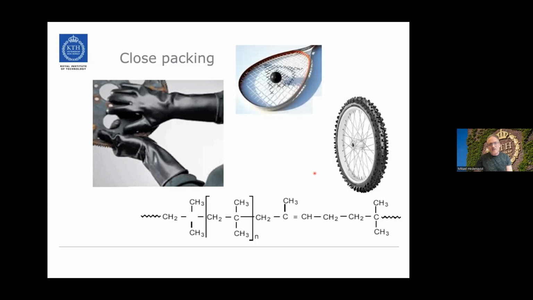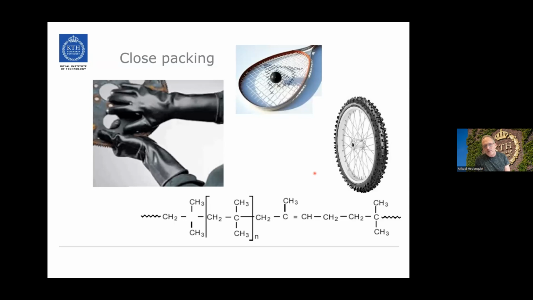Another strategy to obtain a barrier material is to close pack the molecules, not to the extent that they crystallize, but so that they are lying very close to each other. And the very classic example of that is butyl rubber.